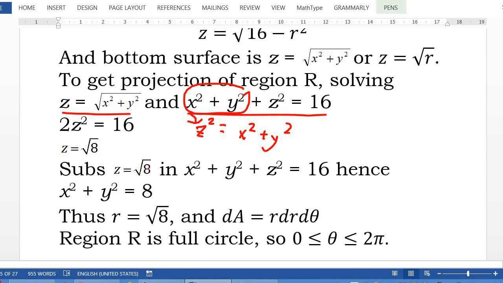When you square it, it becomes 8. So you get x squared plus y squared equal to 16 minus 8, so x squared plus y squared equal to 8, or r equal to root 8.